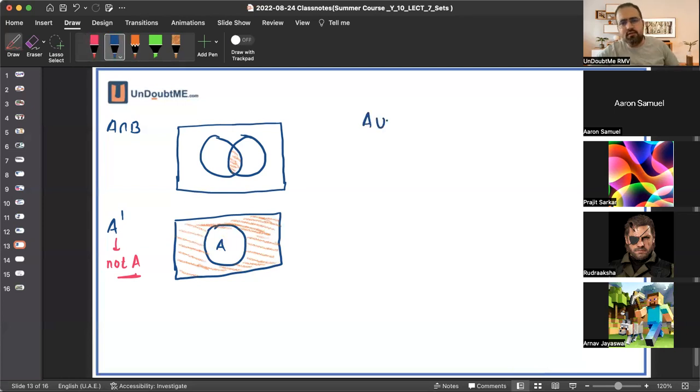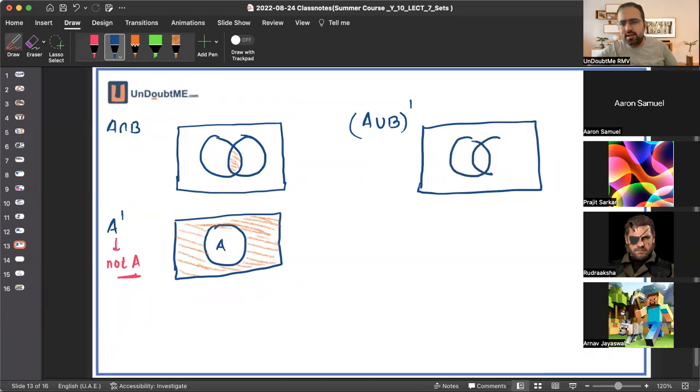Similarly, if I want to find A union B dash, A union B dash means everything except A union B. In the Venn diagram, A union B, let's say we are drawing like this. This is the representation of A union B when A and B have something in common.